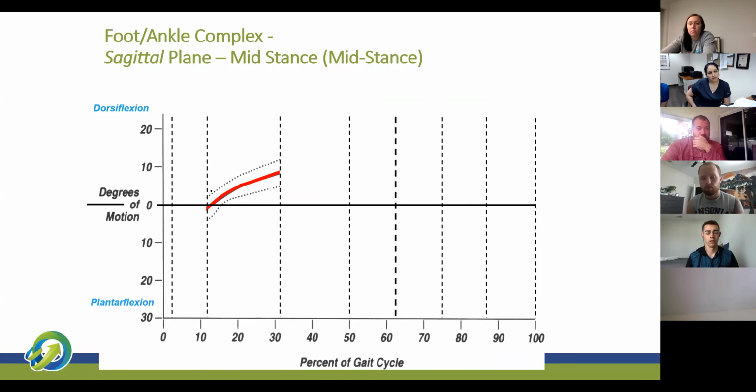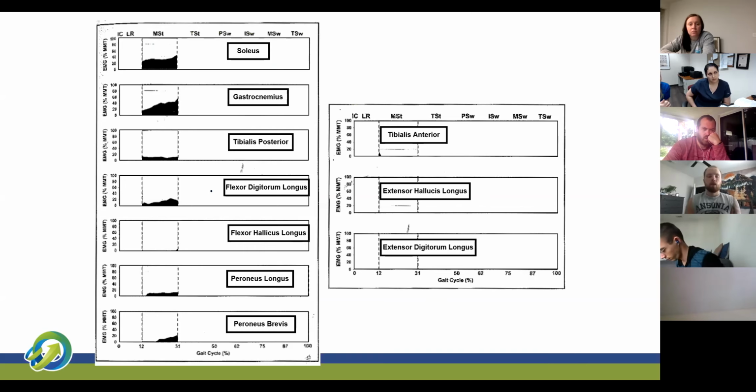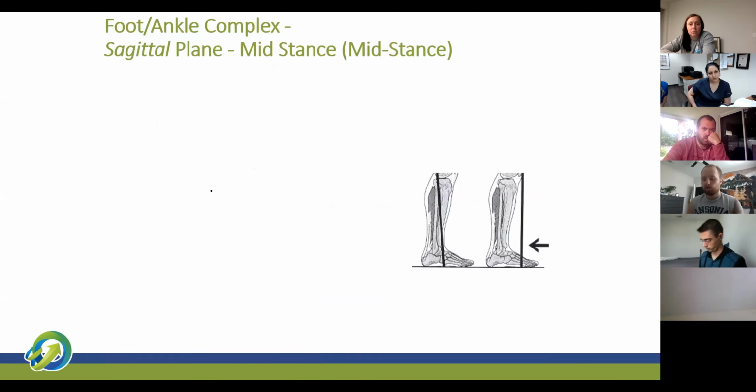So prior to mid stance, our ankle is in plantar flexion. And then as the tibia rolls over the foot, we now have a dorsiflexed position of the foot and ankle.